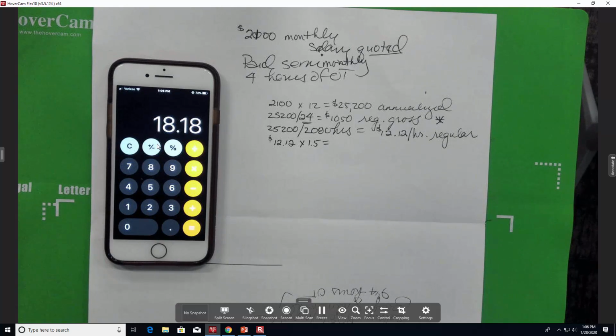So what I did, I said 12.12 times 0.5, and I got 6.06, and then did 12.12 plus 6.06. So you can do that, and there's going to be examples where we use that premium, which you just calculated, rather than the rate, which I'm showing you to calculate. But it's double work in this example. And what I really want to do is get us all on the same page where we all use the same 5 steps, because honestly, if you can do them, you just get it right 100% of the time.